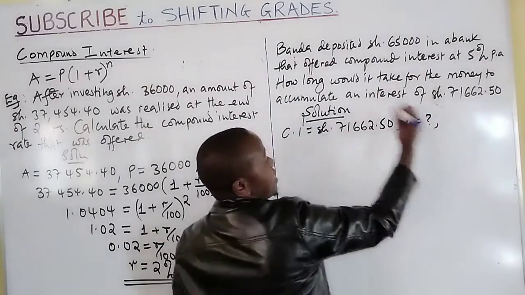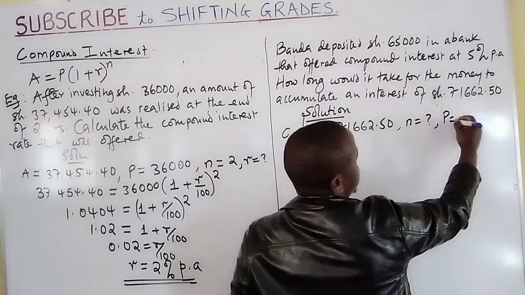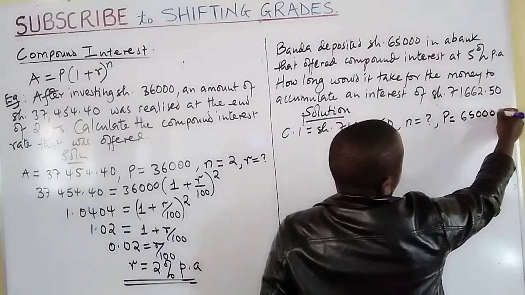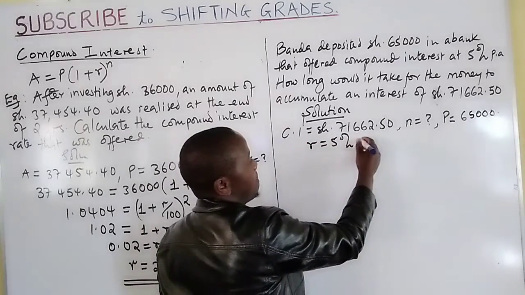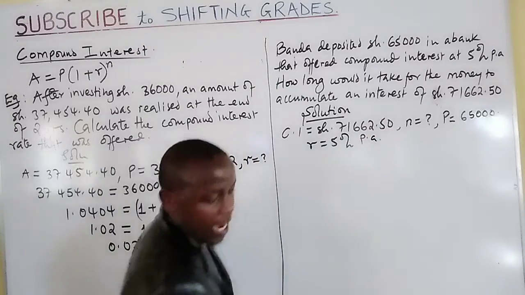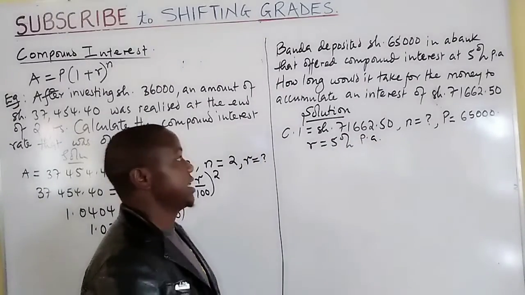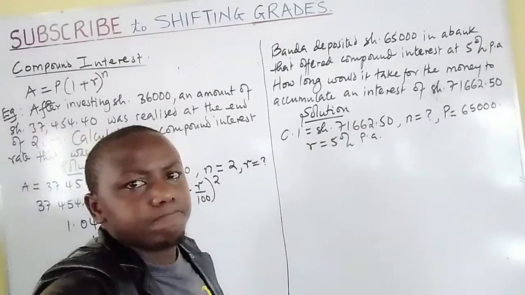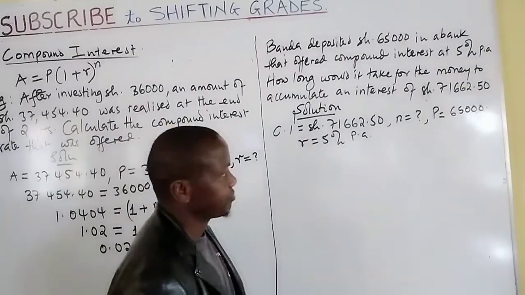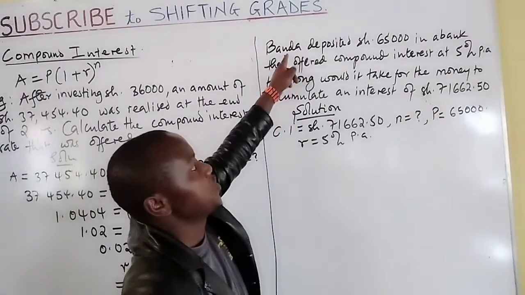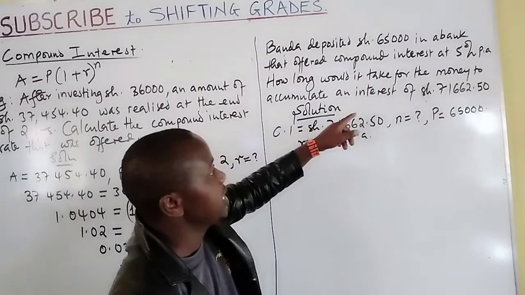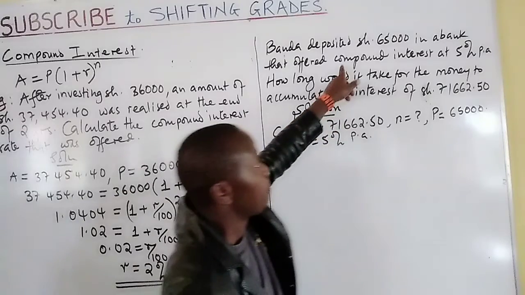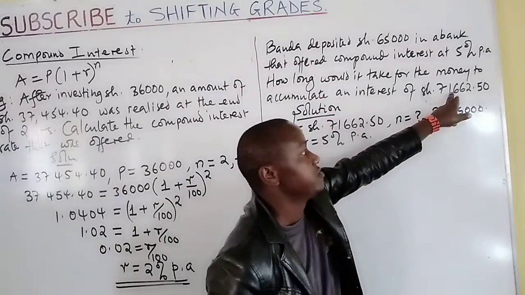Then we are told the deposited amount is 65,000 Kenya shillings, the rate is 5% per annum. So it's good we evaluate the question well, because if Banda is depositing this at a rate of 5%, how long would it take to give us this interest?